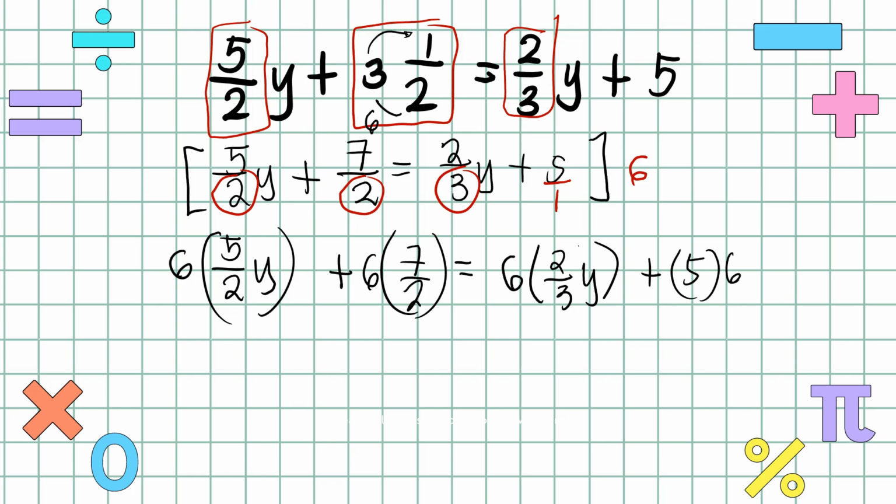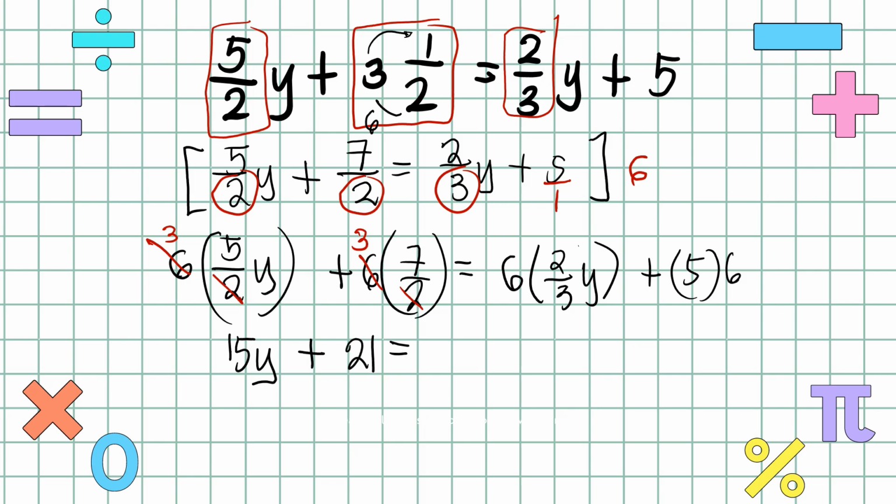What will happen is we can easily cancel the denominator and we're left with 3 here. Now 3 times 5 is 15. Now we'll have 15y for the first term. For the second term, we also can cancel the 6 and the 2, and we're left with 3 here, and 3 times 7 is 21. So we'll have 21 left.